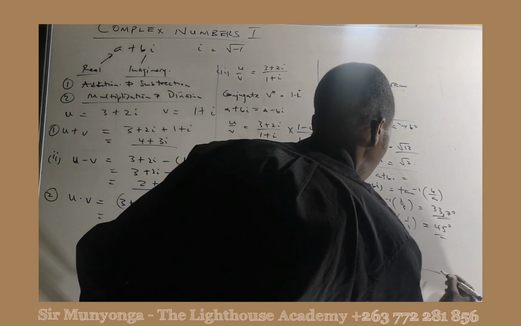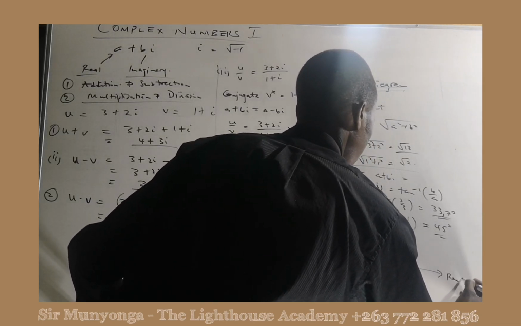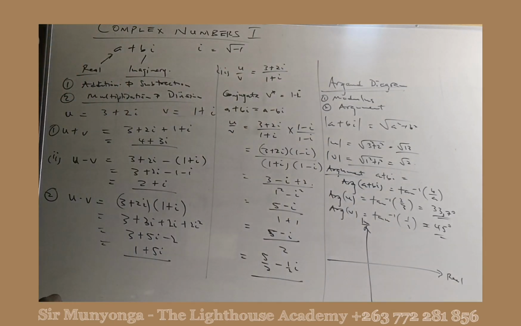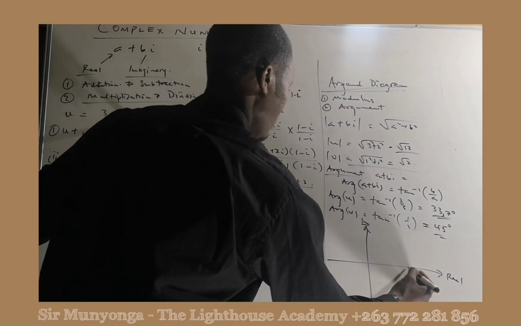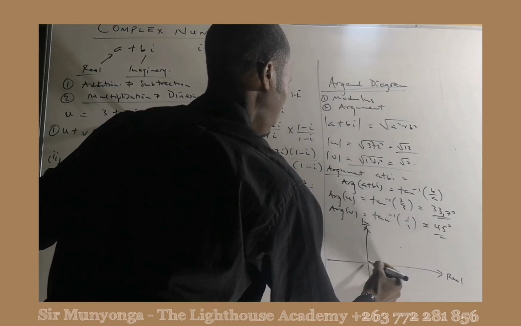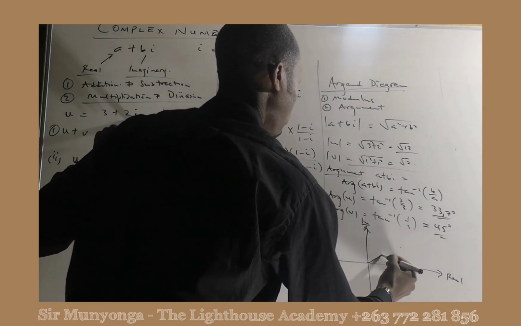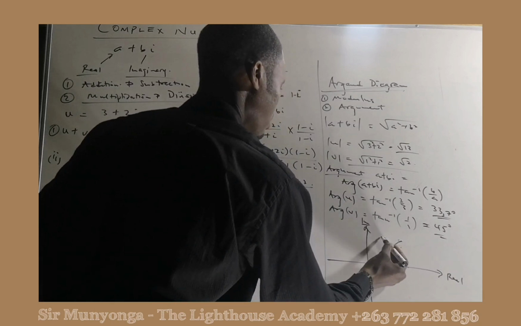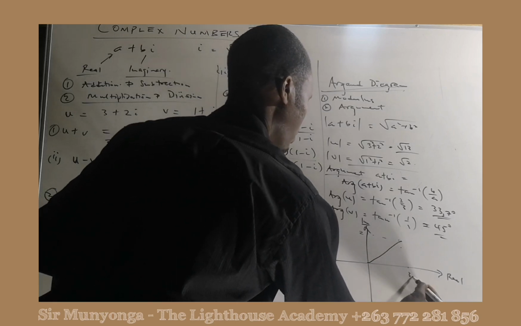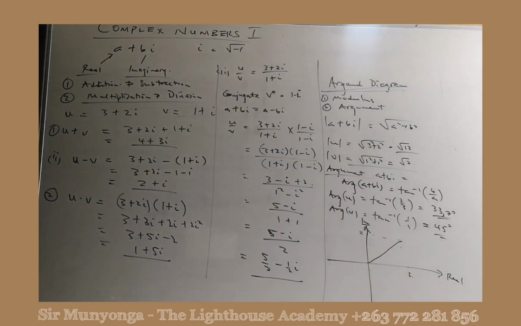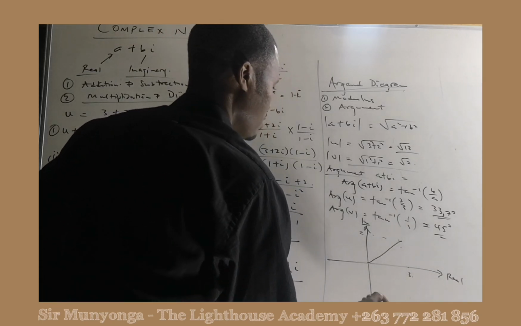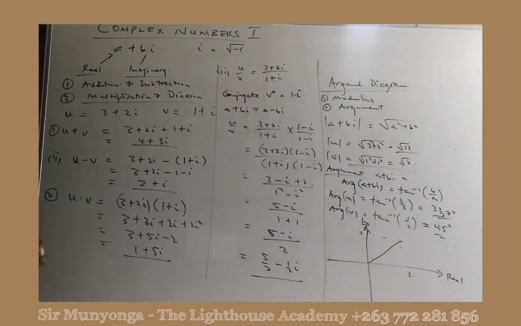In an Argand diagram, we have the real axis and the imaginary axis. So starting with complex u, 3 units along the x-axis and then 2 units along the y-axis. So we have 3, 2. The argument is the angle formed between the real axis and the complex number.